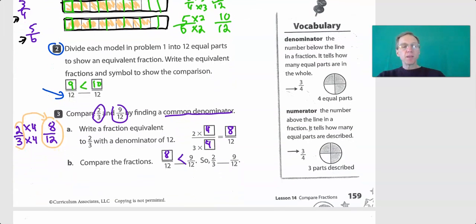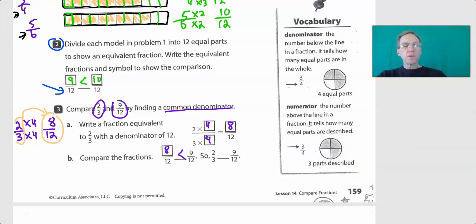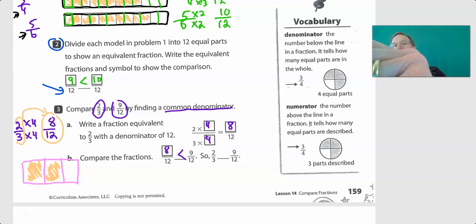I just renamed it. So for example, if this was the pizza down here, I had 2/3, watch. Okay, and if I had that pizza there, and I had 2/3 down here like this, all I'm going to do is cut it up so that it has 12 parts. So I'm going to cut each one of these into 4.